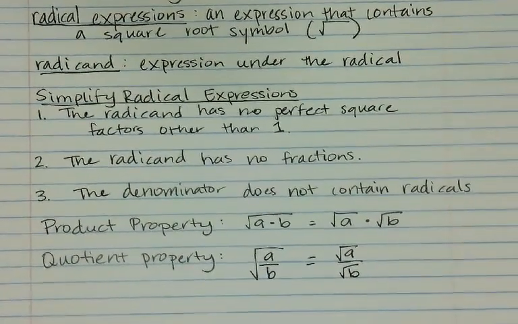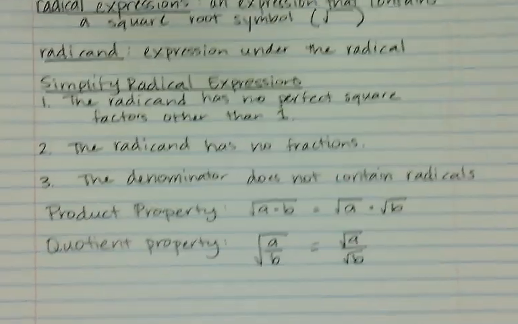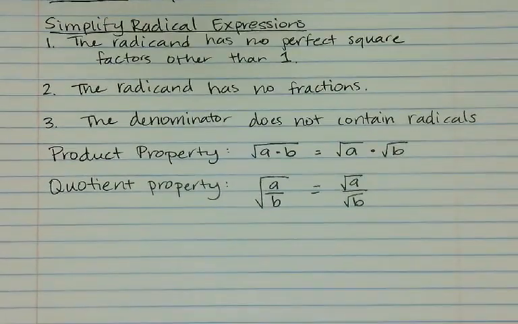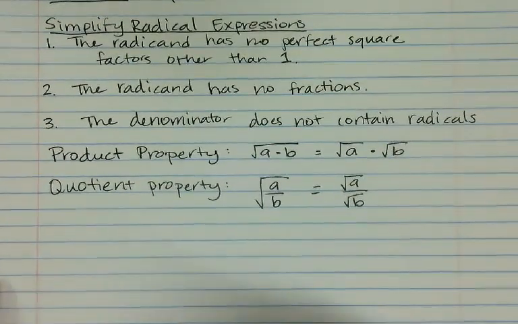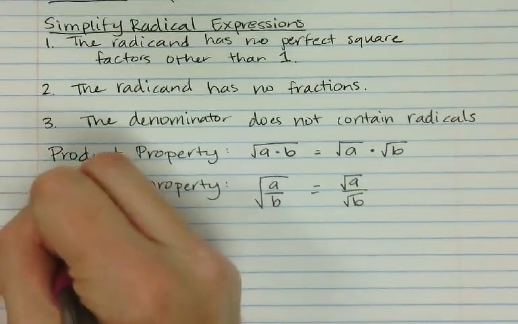So guys, these are all kind of important rules and then little helps here. Now guys, something that is going to be very, very helpful for you is to know your perfect squares. And my recommendation is to know them up through 15.